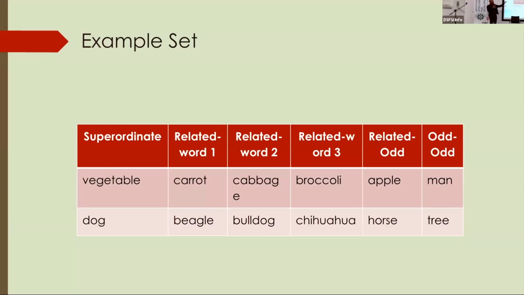And lastly, the odd word, which does not have any meaning included in the superordinate terms. Currently we have about 2,400 words, which include the 4 languages that I've spoken about. This is the data that we will be using to develop and build the language models, according to the idea that I've just presented.